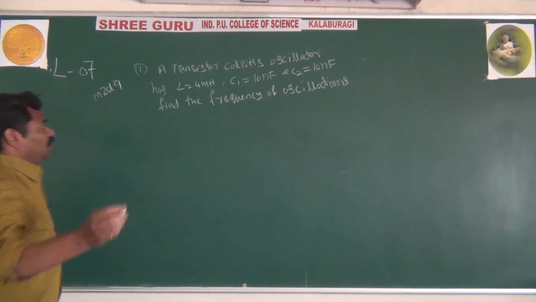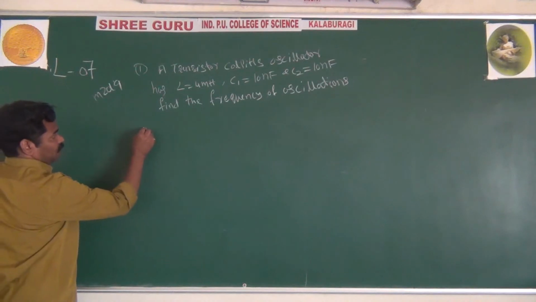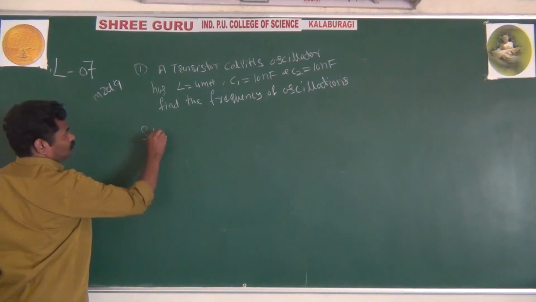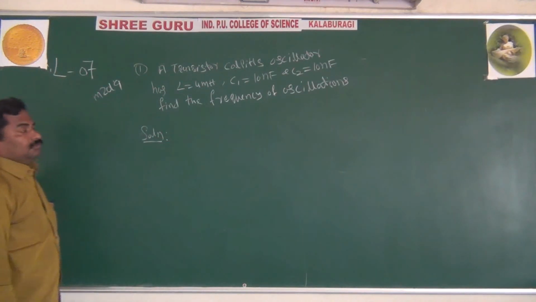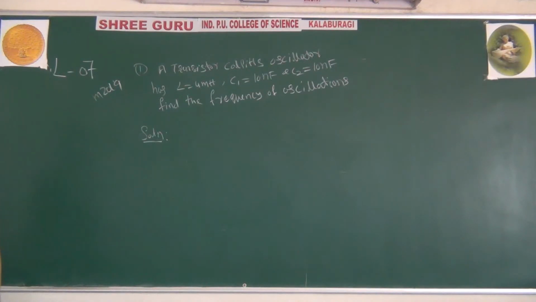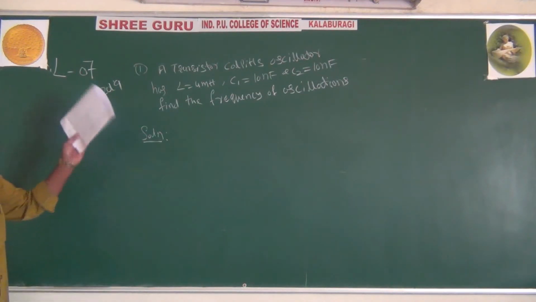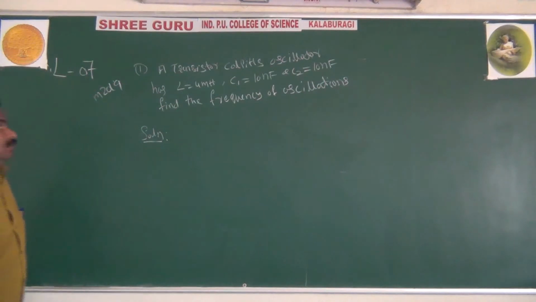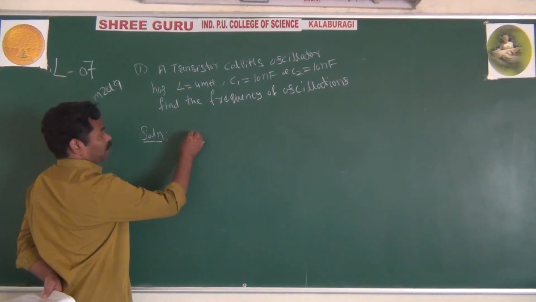Very simple. You can write how you have done in the first problem. Only they have changed the data. They have given a different L and C1 is different. You use the same formula, same concept. And once again, you can write what they are given.